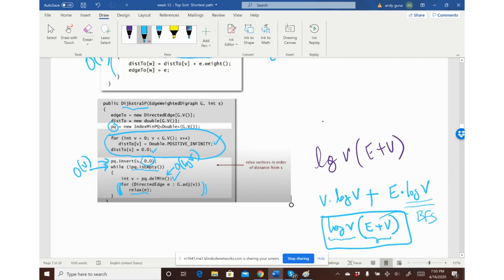So for example, if you have a million nodes, Dijkstra's will run in about 20 E plus V, because the log of a million is about 20. So Dijkstra is going to run in that time.